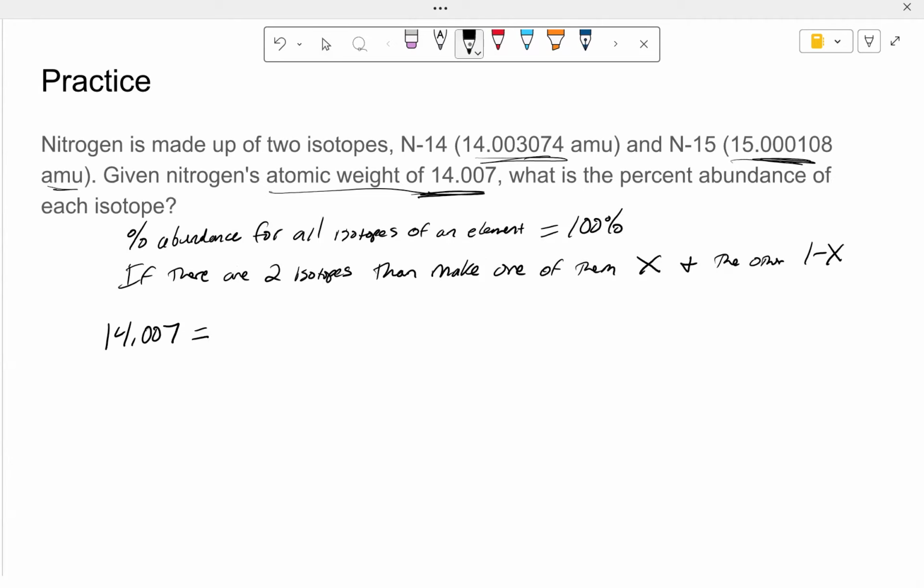I'm going to make one of the isotopes X. So maybe I'll make nitrogen 14 X. What would its term look like in the calculation? Well, I would say X times its atomic mass.